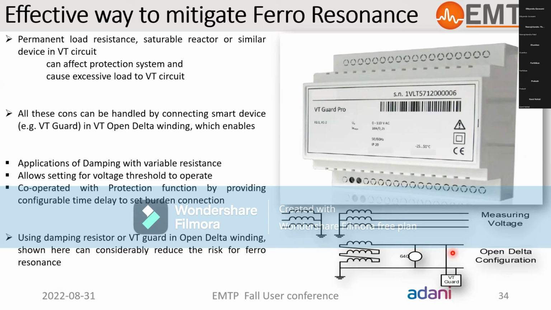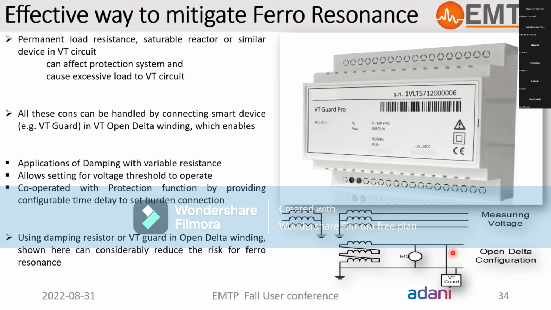Furthermore, a simple damping resistor connected permanently to the VTs may affect conventional earth fault protection due to voltage drop in the open delta configuration caused by the damping resistor itself. So all of these disadvantages can be handled by connecting a smart device, which you can see here, the VT Guard Pro, in the VT open delta winding. It enables the application of damping with variable resistance.